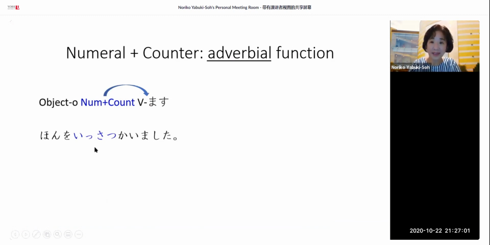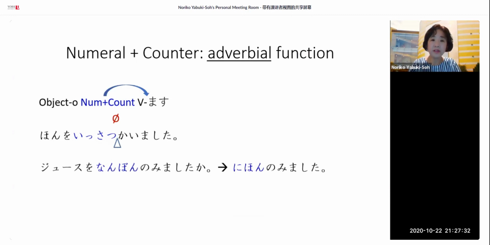In the form of one. That's what you're saying. 本を一冊買いました. So the numeral plus counter, the classifier, is placed just before the verb. And in between the adverb and the verb, there is no particle, please. Just treat it as an adverbial with the adverbial function.